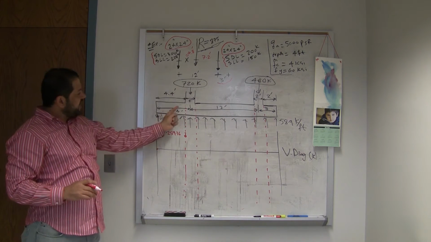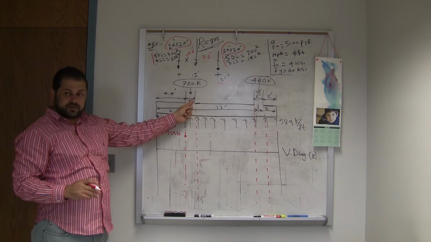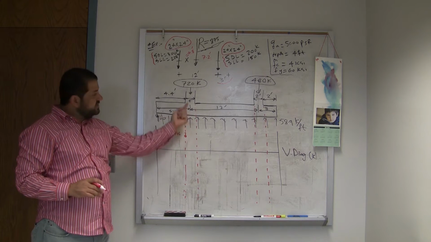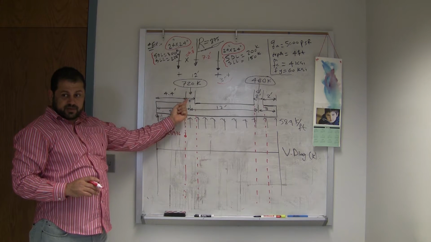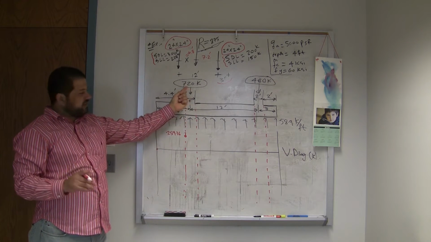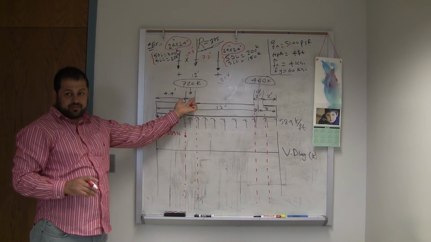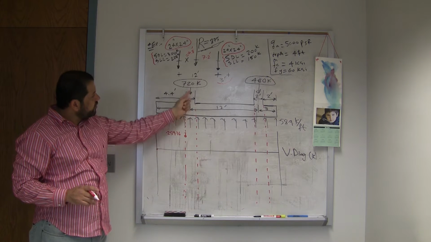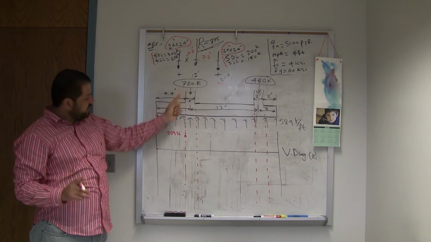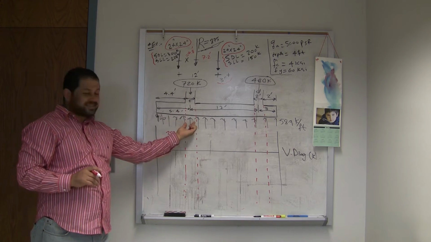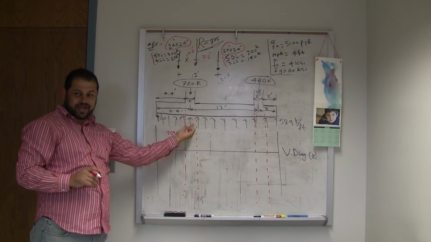Now look, as I cross from here to here, over the length of the column, there is the drop in the column. The column will drop over a 2 foot width. So from here to here, the column will drop 720. And don't forget that there is this also over a 2 foot going up.